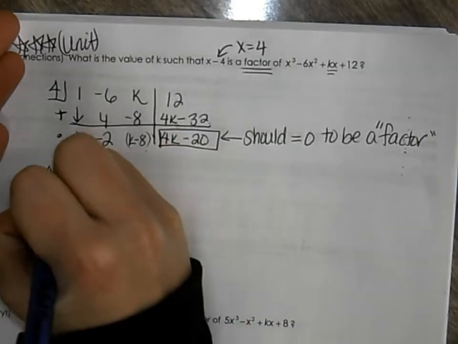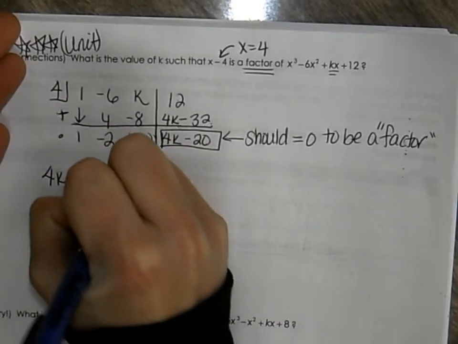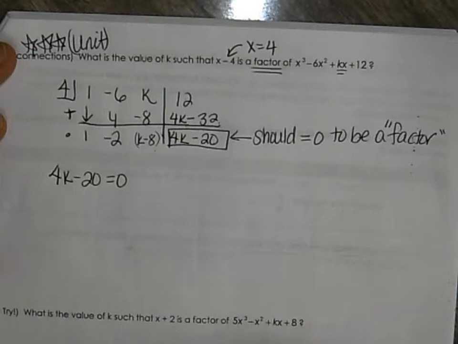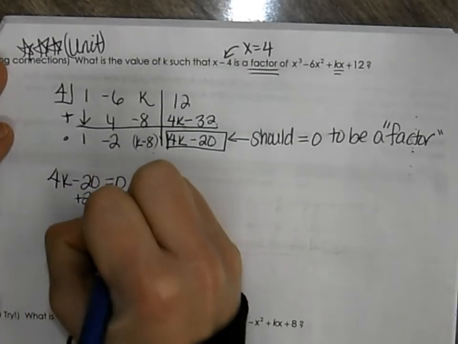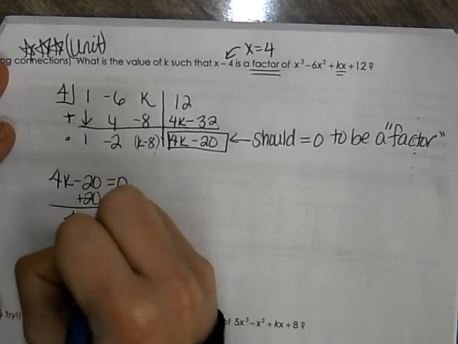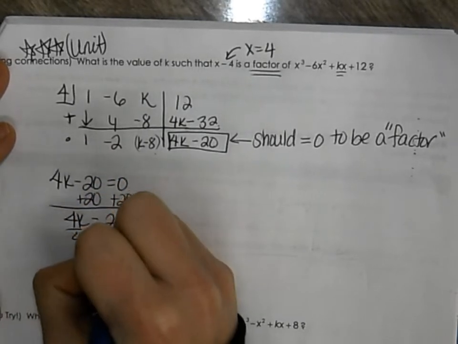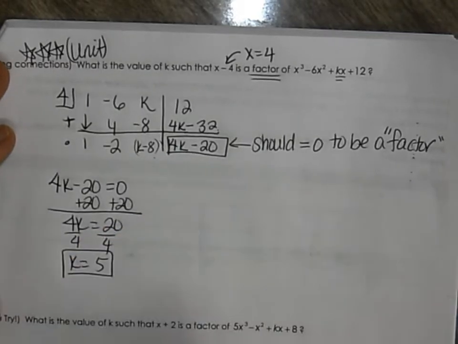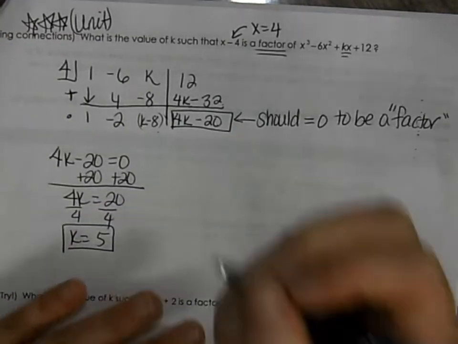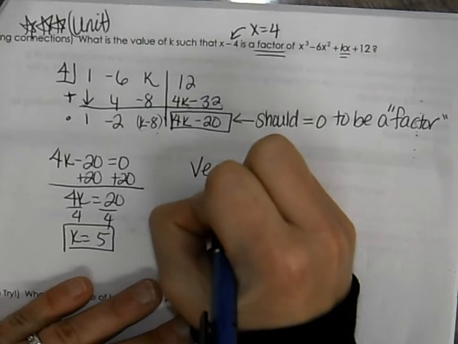So I'm going to set 4k minus 20 equal to 0, and I am going to solve for k. So I'm going to add 20 to both sides. I end up with 4k is equal to 20, and dividing both sides by 4, we find that k is equal to 5.